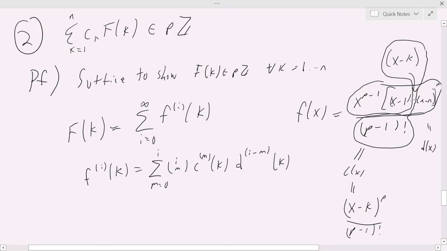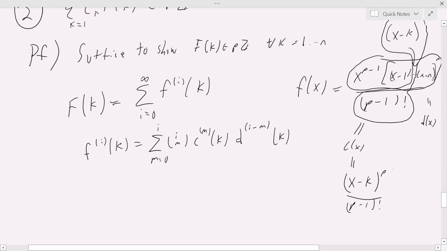And for similar reasoning as before, every time you differentiate this function, you always get 0, except in the special case when you differentiate exactly the degree of this little polynomial that many times. And in that case, you'd end up with p factorial over (p minus 1) factorial, or in other words, p.